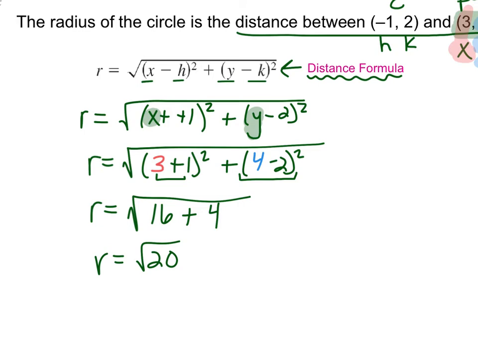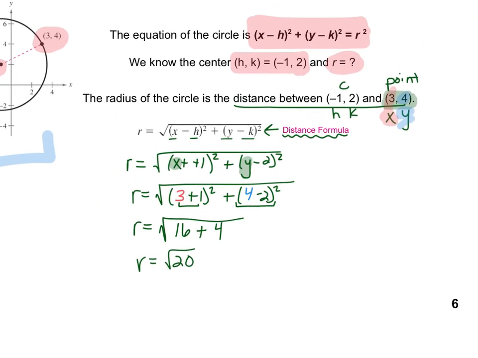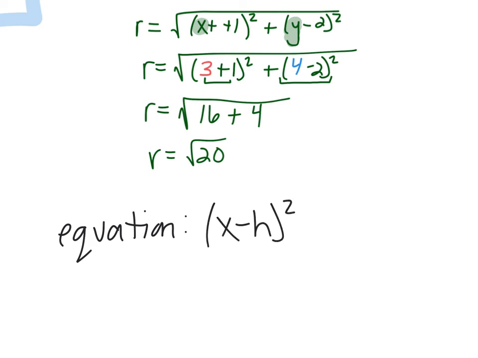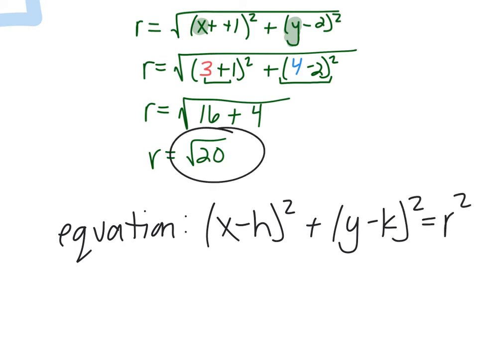Now we don't have to simplify the square root because in our generic equation of a circle, and I'm going to rewrite that here, (x minus h) squared plus (y minus k) squared equals r squared, we're going to square this anyway, so we actually won't have a square root left in our answer.